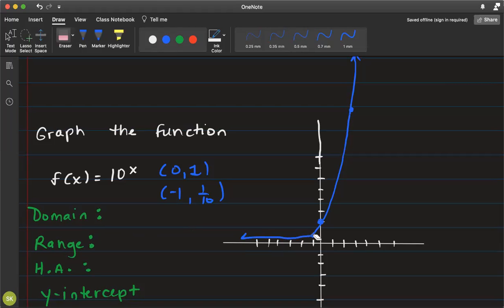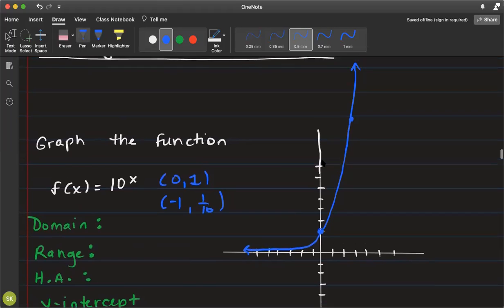But let me try to draw this a little bit better. Like that. So it turns out that this graph looks a lot like the graph I drew just a minute ago. And all of the graphs where this number is greater than 1 are going to look like this, the overall shape. Now it might be stretched or kind of smushed down, but the overall shape will look like this. So the domain and the range are going to be the same.